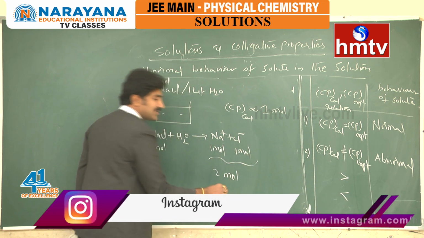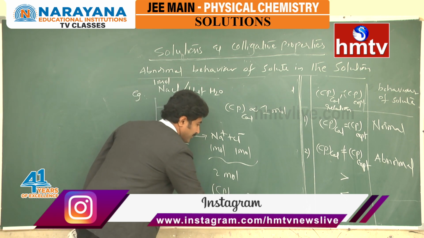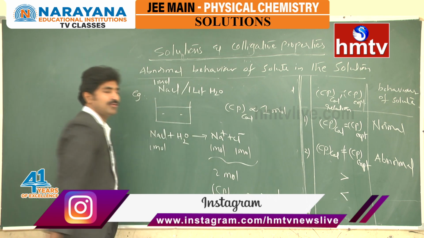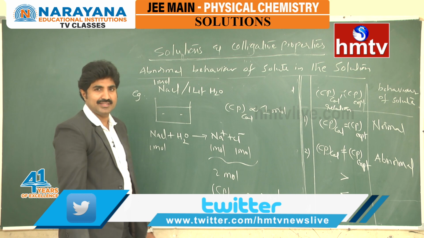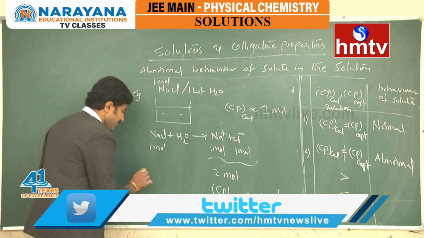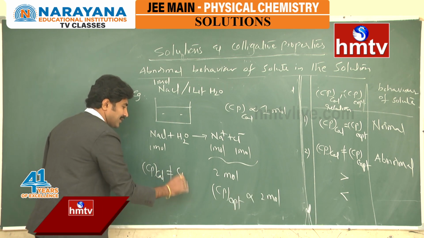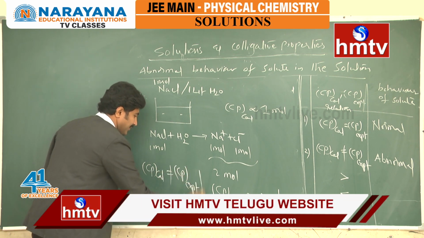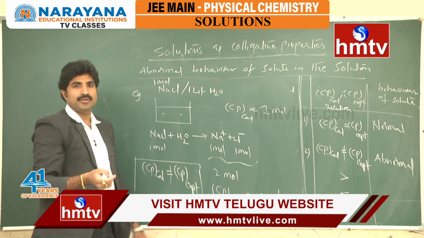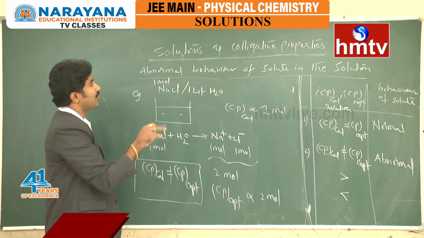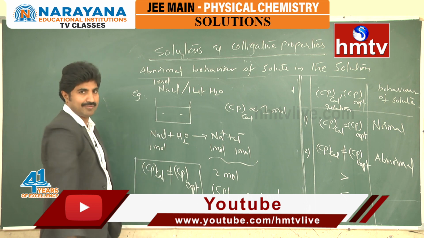Altogether 2 moles of ions are obtained. Now the experimental colligative property is directly proportional to 2 moles of solute particles, but these solute particles are ions in this case. So what do you understand? The calculated colligative property is not equal to the experimentally obtained value. That means NaCl in water behaves as an abnormal solute. It is the abnormal behavior of the solute in the given solution.